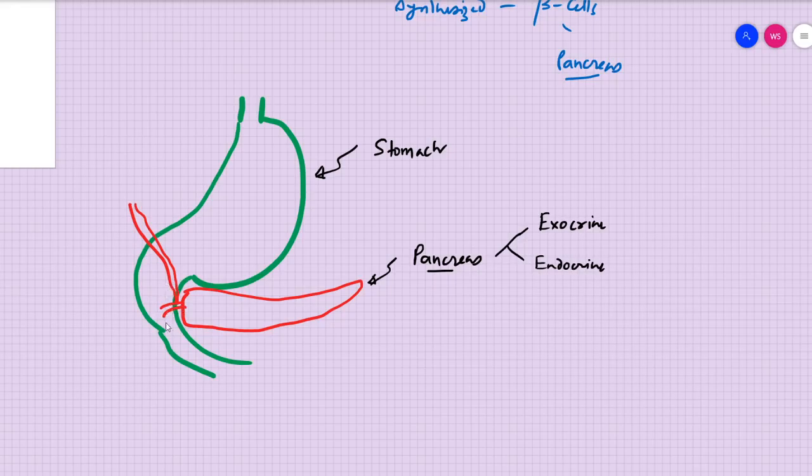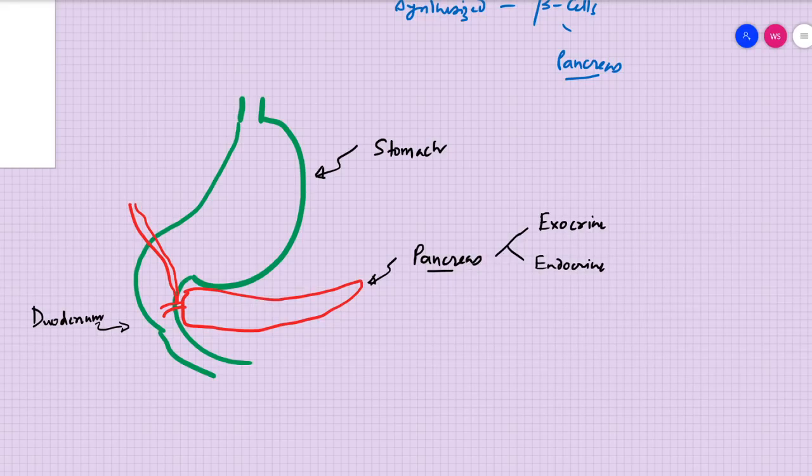It opens in this C-shaped region of the duodenum. So the first part of the small intestine is called the duodenum. So into the C part of the duodenum is where the hepatopancreatic duct opens, and that is the exocrine part.